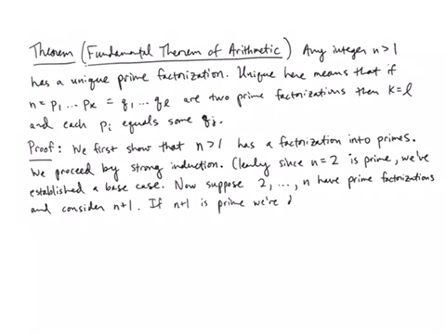If n plus 1 is prime, we're done, for the same reason we were done in the base case for n equals 2. Any prime is a product with one element in it of primes. If not, then what does it mean to not be prime? It means that it's a product of two natural numbers which are between 1 and n plus 1. So then n plus 1 equals k times l, where k and l are both strictly between 1 and n plus 1.